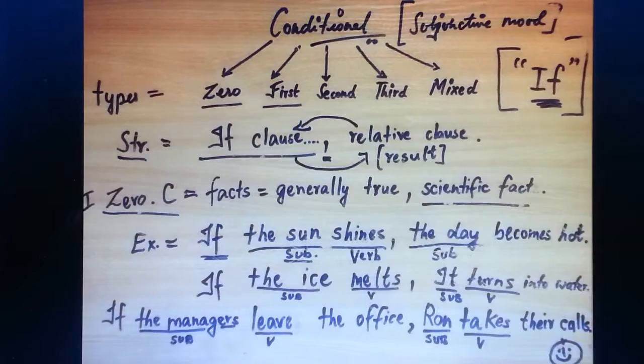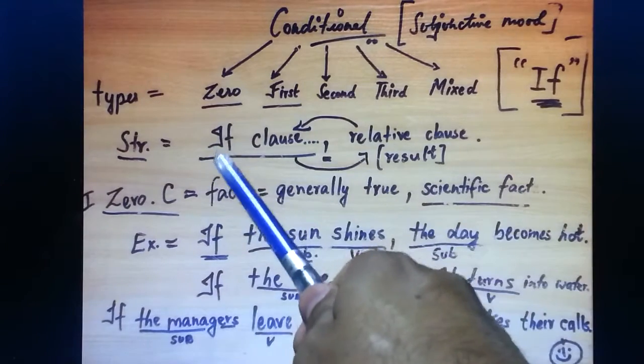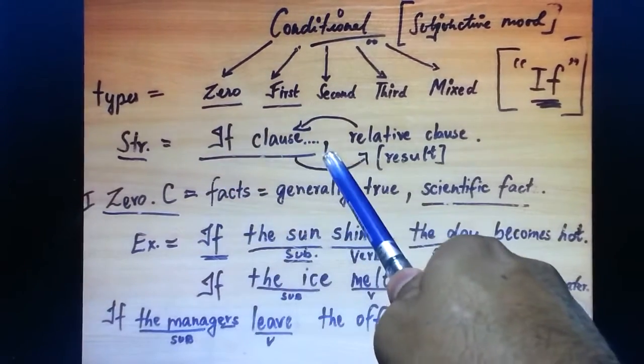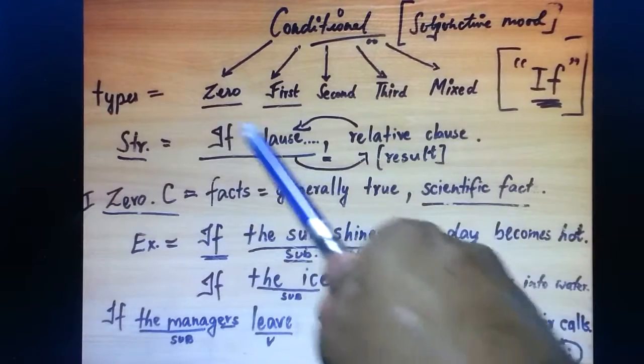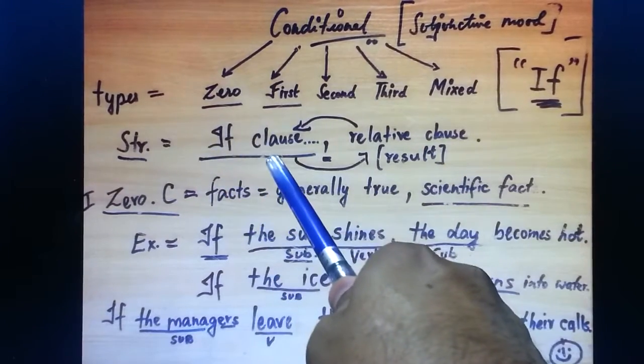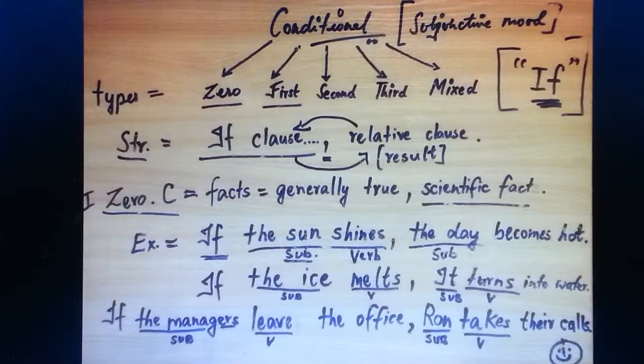What I mean to say is, you can write it 2 ways: if clause, comma, relative clause, or relative clause, comma, if clause. And believe me, and it is true, both the sentences have the same meaning. I will explain that when we do the examples.